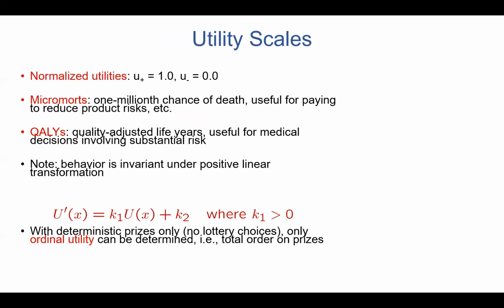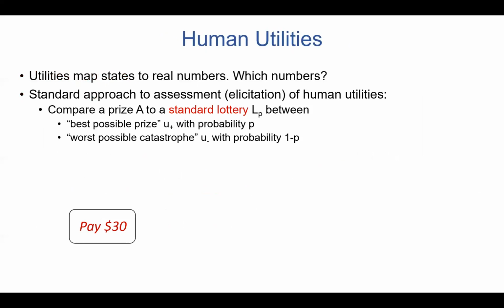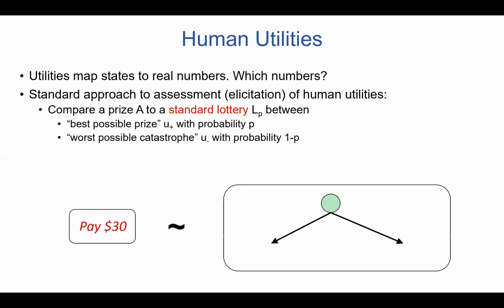I wanted to cover some of this, but just one more slide. Human utilities. Compare the best possible prize to a standard lottery. Obviously, everybody would want to get paid $30. Who doesn't like money? Now suppose you have this scenario.